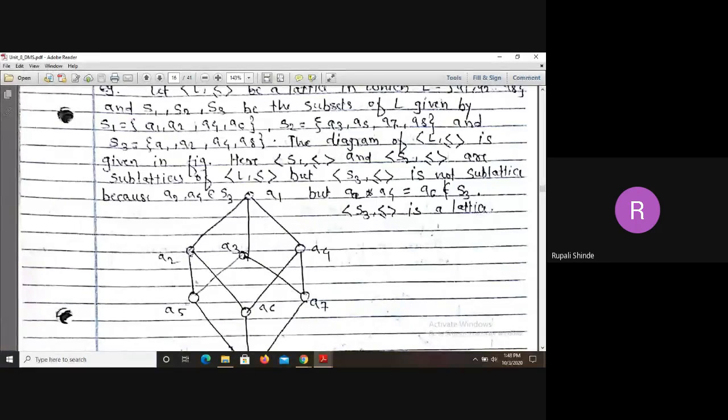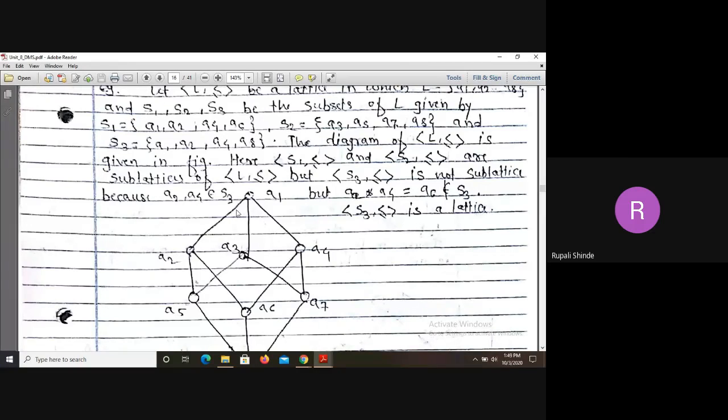Perform meet and join operation on these two elements. Meet means greatest lower bound. For this pair, the greatest lower bound is A2 and the least upper bound is A1. So after performing meet and join, we have got A2 and A1 as the result.